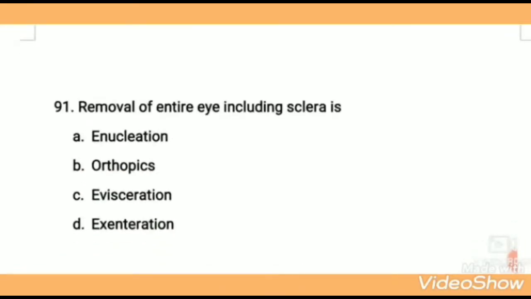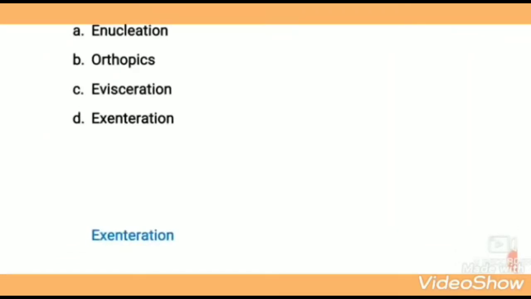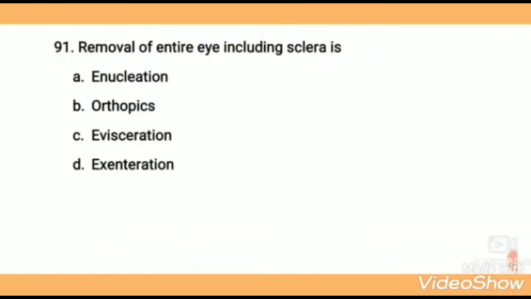Removal of entire eye including sclera is enucleation, orthoptics, evisceration, or exenteration. So, the correct answer, removal of entire eye including sclera is exenteration. Enucleation is an intraocular tumor excision. Next question.